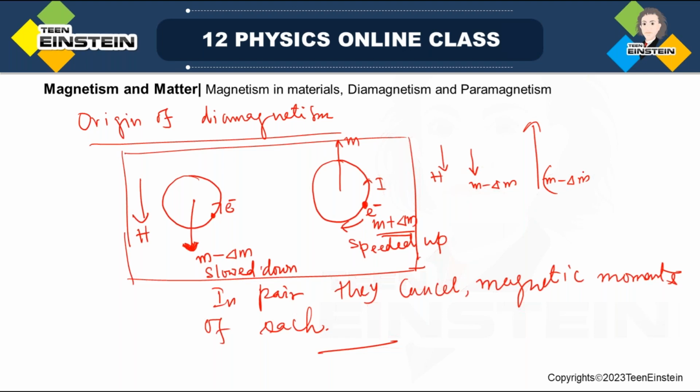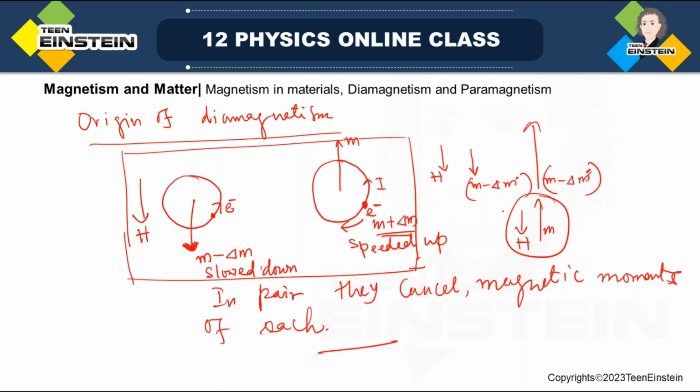Suppose this is m prime, this is double m prime. Now if you take the net magnetization, it is this way, H the field intensity, and this will be the M direction.